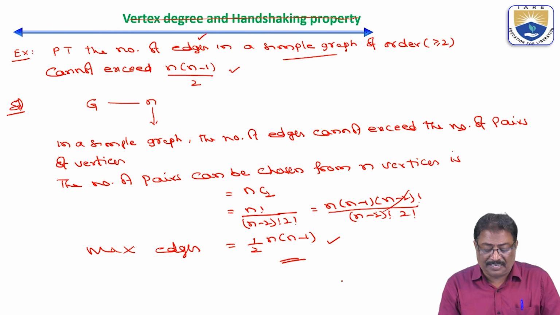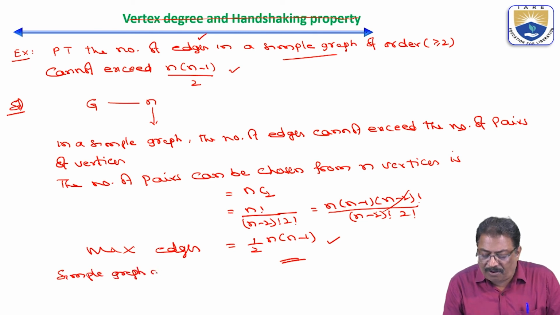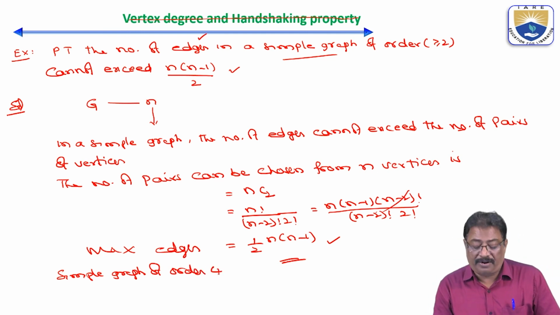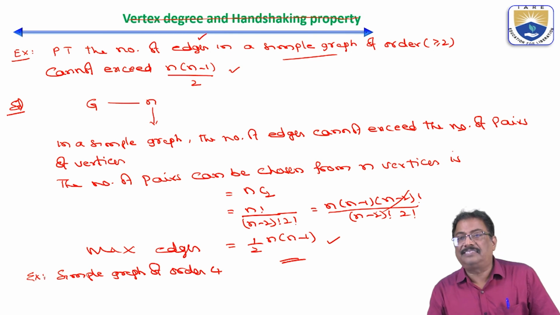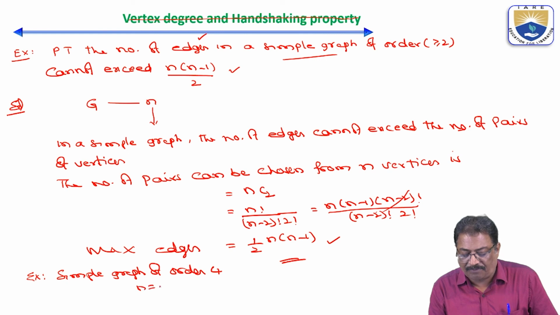Suppose I consider a simple graph of order 4. How many edges does it have? Order 4 means the number of vertices in that simple graph is 4. Then the maximum number of edges is 1 by 2 into n, which is 4, and the next one is 4 minus 1.